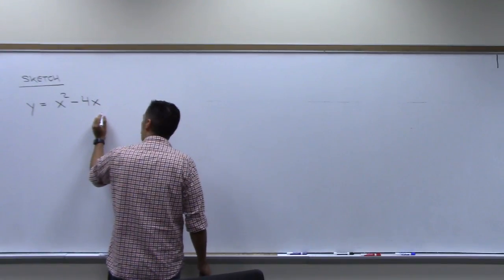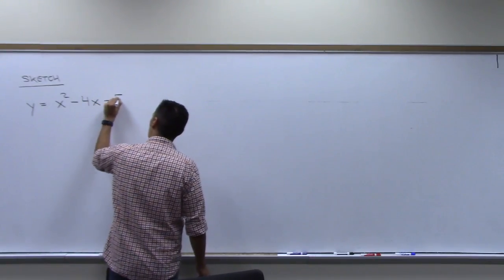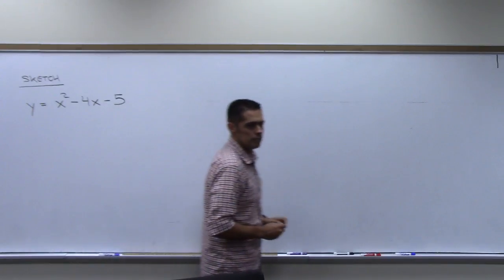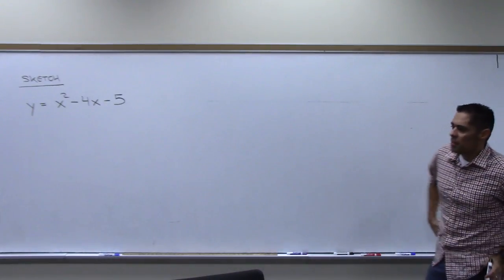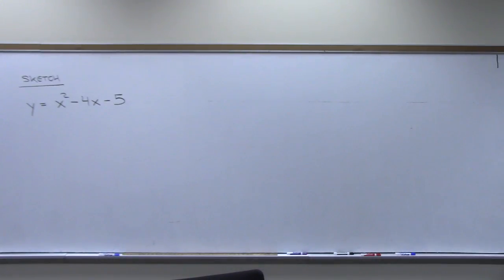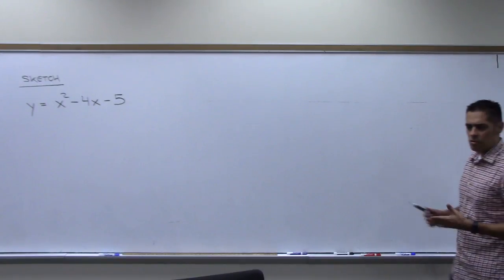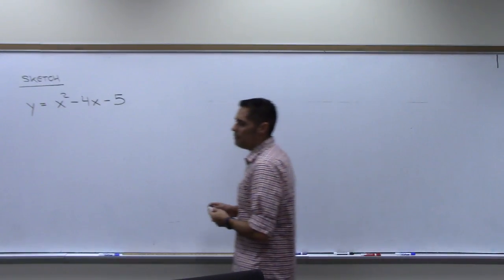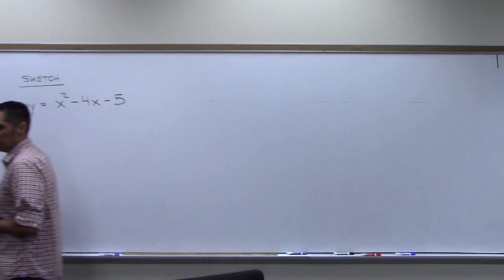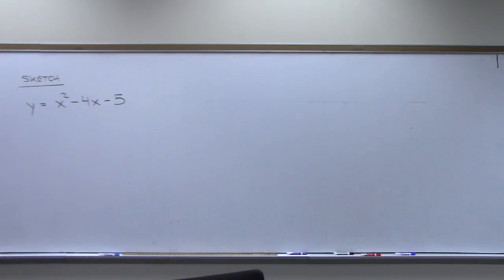We're going to start out with a pretty straightforward problem. Notice the instructions here: sketch this. I want you to draw me a picture. And that does not mean we're back in high school where they told you to do everything on your calculator. I want you to do the whole process by hand.